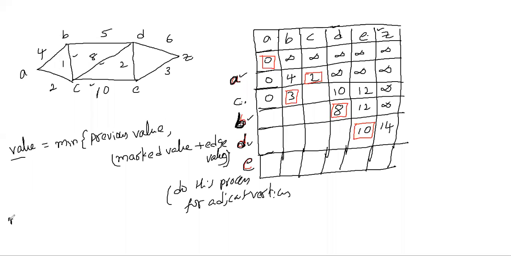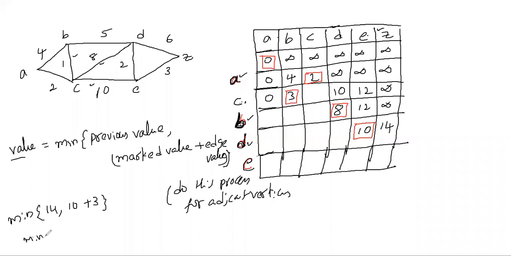Minimum of, what is for the Z vertex? What is that previous value? 14. Next, marked value 10. Edge value E to Z, how much? E to Z edge value 3. So what is its value?